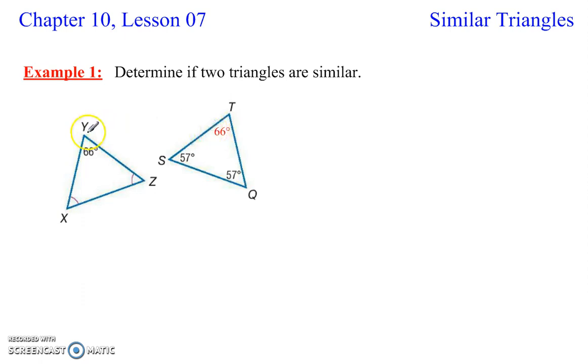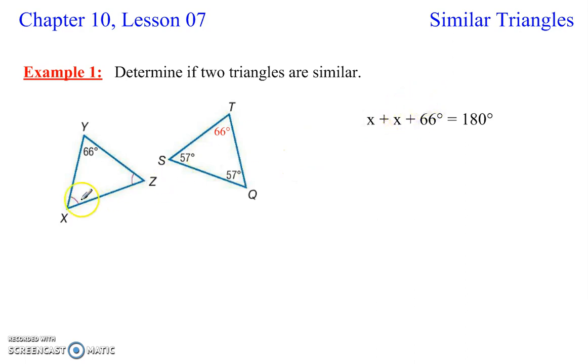However, one angle being the same measure is not enough. So we need to figure out what these down here are. Now this sign means that these two angles are congruent. That means this is the same measure as this one. So I can set that up as all three of these added together. This one and the two I don't know, which are equal.